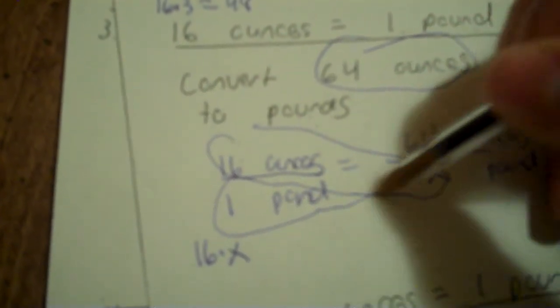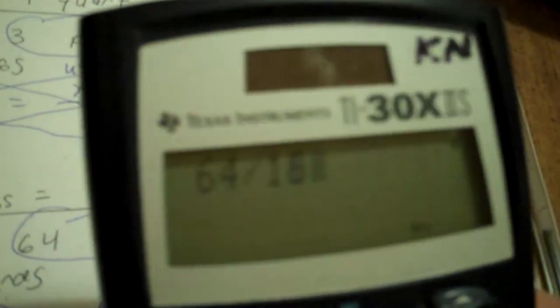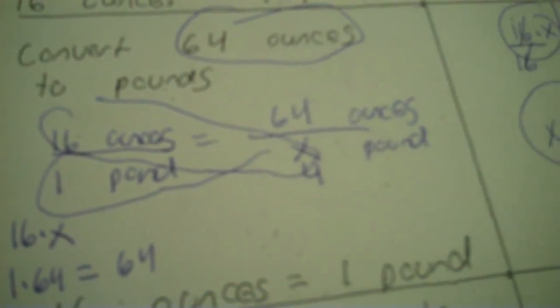Remember, when you're doing the letter, you put the number before the letter. When you have 2 numbers, it's 1 and 64, it doesn't matter the order. Okay, and that's 64. So we divide by 16. Okay, 64 divided by 16 is 4. So 4 pounds.